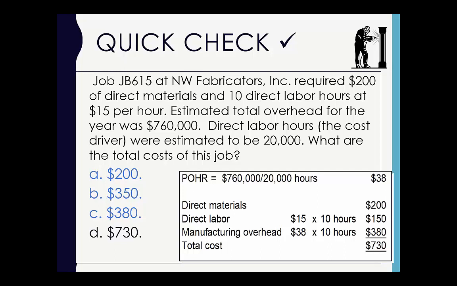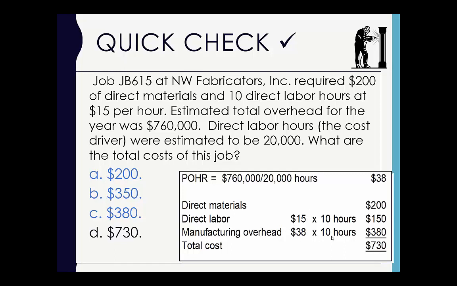So we just take, okay, well, I know what my total electricity bill is. In this case, it was $760,000. I know that I work direct labor hours of 20,000 approximately. That's what I think. So it's going to be $38 an hour. So every time I build a product and I use a direct labor hour, I'm going to put $38 on top of there. So bam. There's my $38, and I worked 10 direct labor hours.